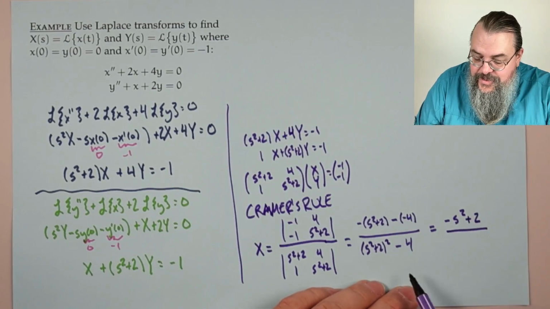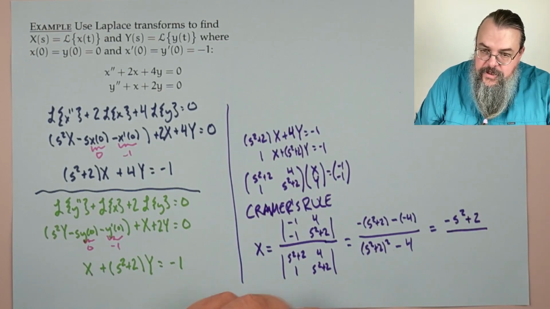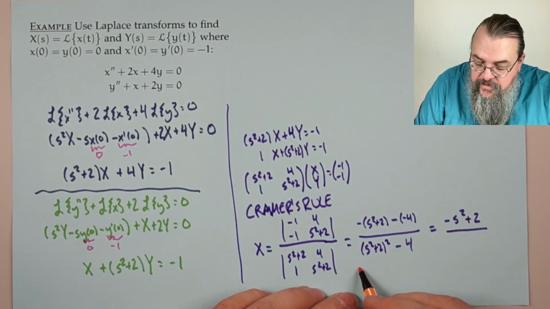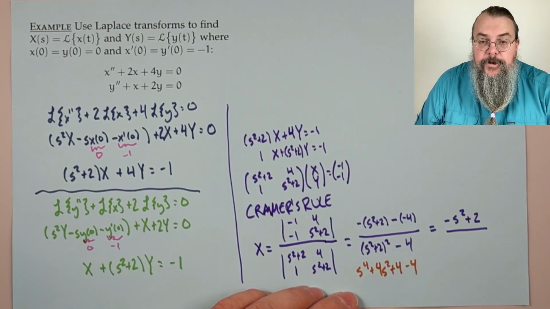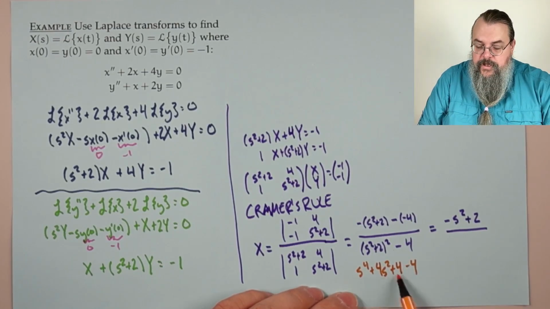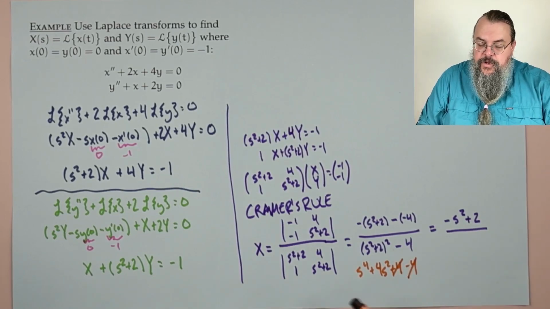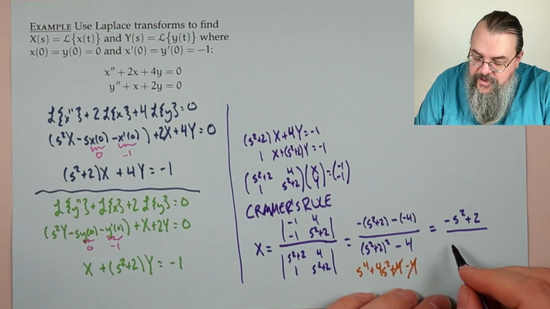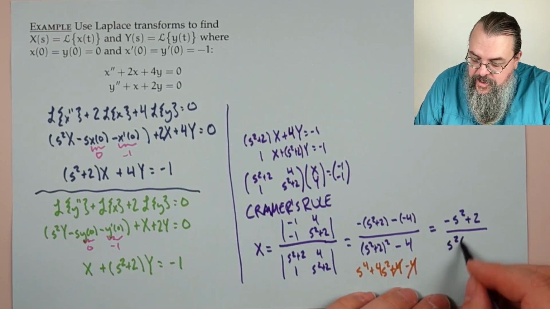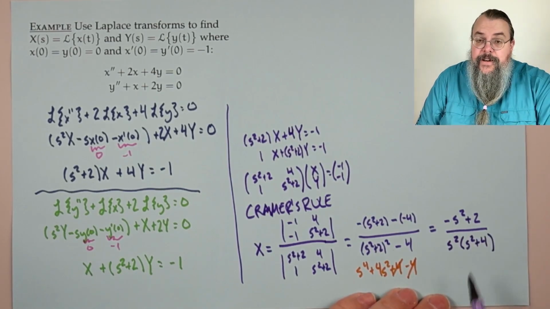And then downstairs, let's do a little bit of work. That's s to the 4th plus 4s squared plus 4 minus 4. So you expand the first term. The 4's cancel. And you can even pull out an s squared. And so this becomes s squared times s squared plus 4. And that's x.